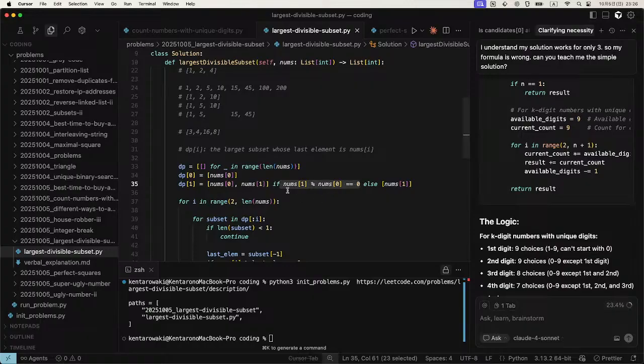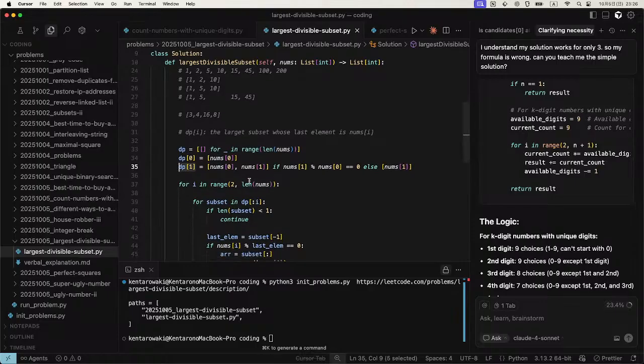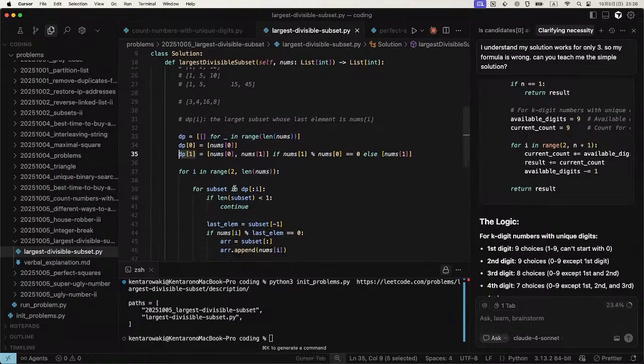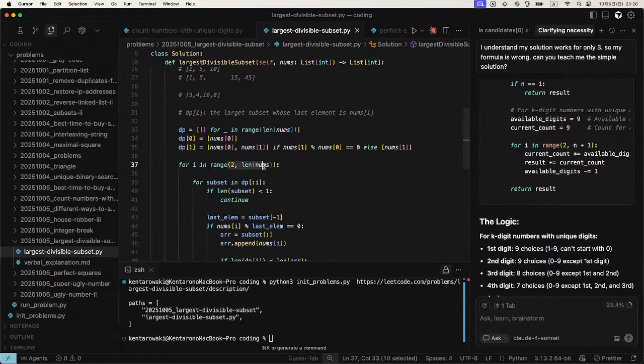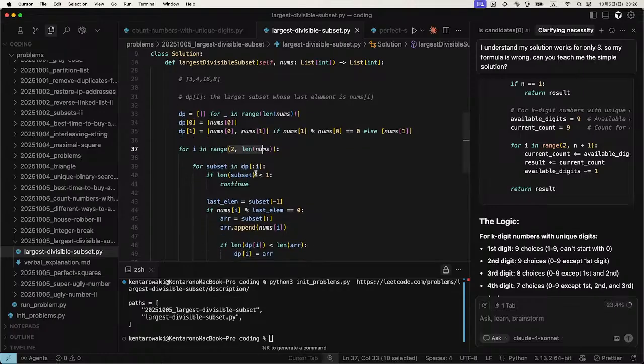If they are divisible, we can append both of them. If it's not, we just append only the second element, right? But here is the base case, and then we are going to update the ith number like this. So we start with 2 and go up to the length of numbers.